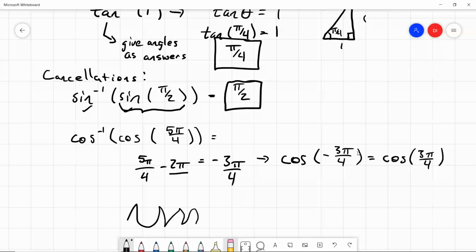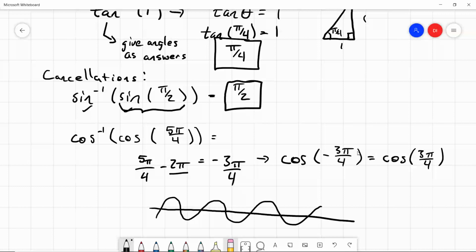Every output is exactly the same distance away. Every single one. No, the answer is 3 pi over 4.